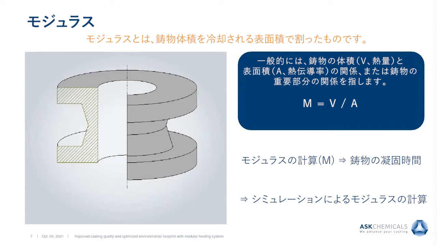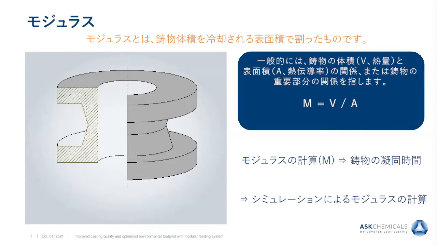Today, this modulus calculation is mostly done with simulation programs. In the past, it was much more complicated to define the right sections and to calculate it the right way. It was more or less only an approach, but with modern simulation programs, it's possible to get much more correct results.